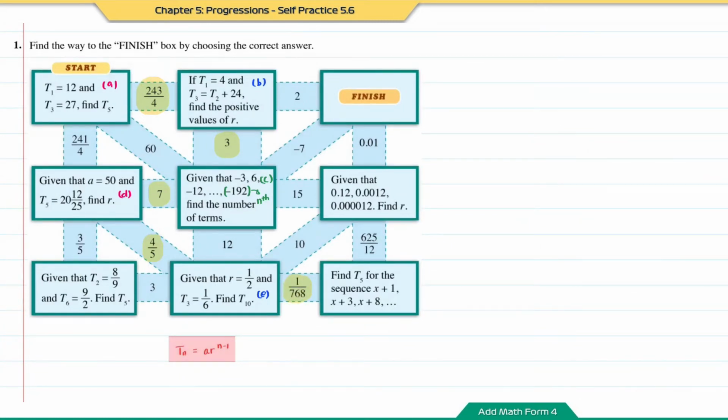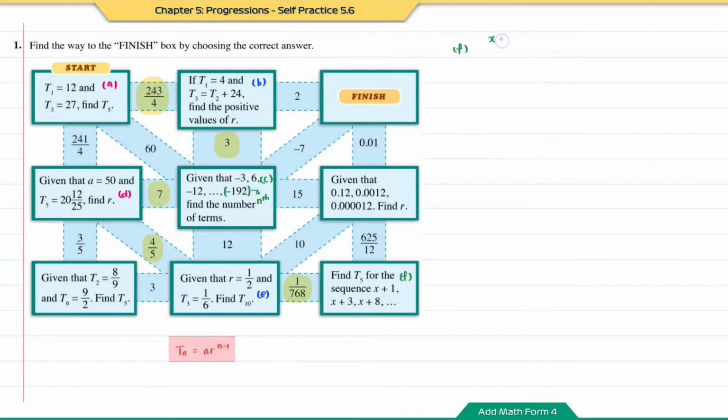The next questions, we're going to label as question F. Find the fifth term for the sequence x plus 1, x plus 3, x plus 8, and so on. So here first we need to find the value of x. To find the value of x, we're going to use the ratios, because the ratio of any two consecutive terms will be equal to each other.